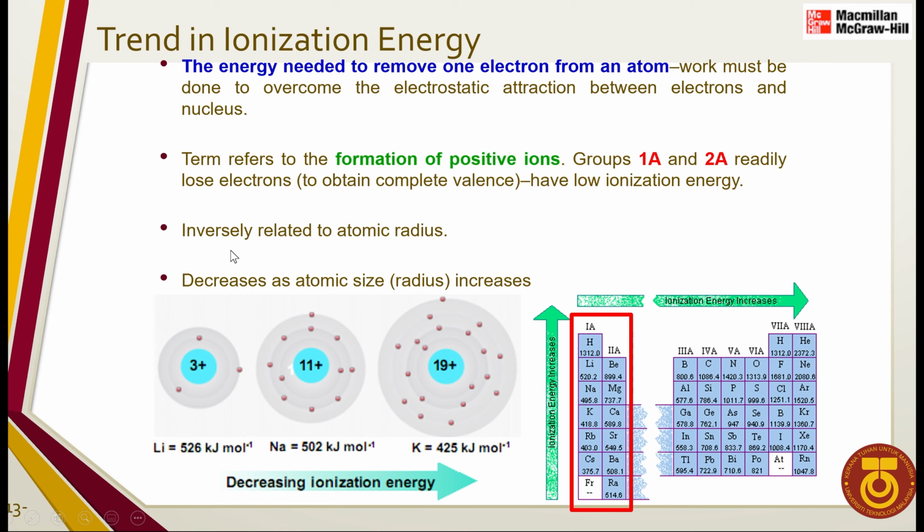When the size of the radius decreases, the ionization energy increases. If you look at this picture, the bigger the atomic radius, the lower the ionization energy. These are some values of ionization energy for group 1A.